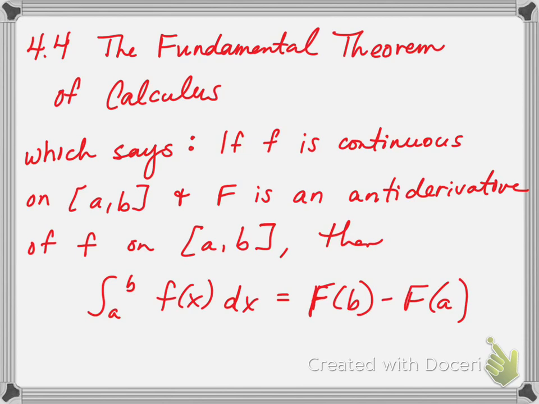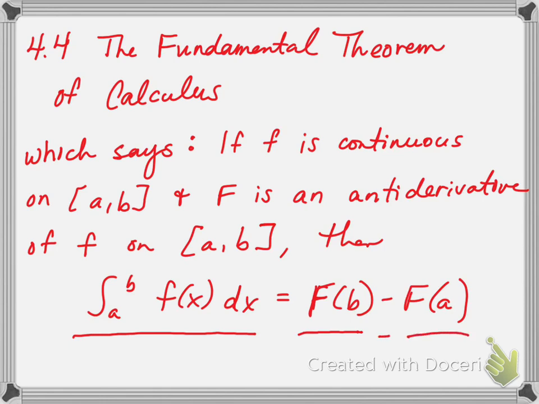It says if you have a function that's continuous on a closed interval, and capital F is what they're using to stand for the antiderivative, which means they've integrated the function and they have found capital F. Then the integral from a to b of f of x dx is just whatever you got when you integrated, plug in the b to it, and then minus, plug the a into it.